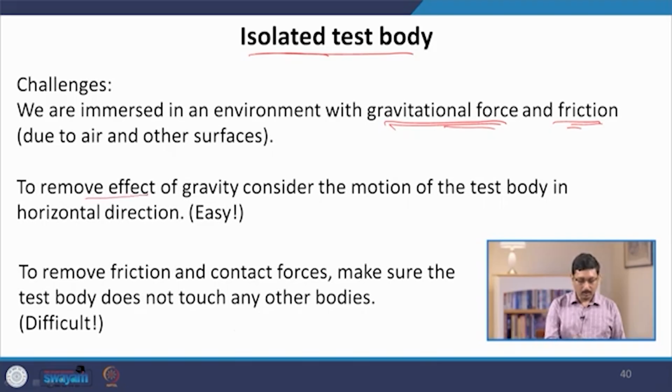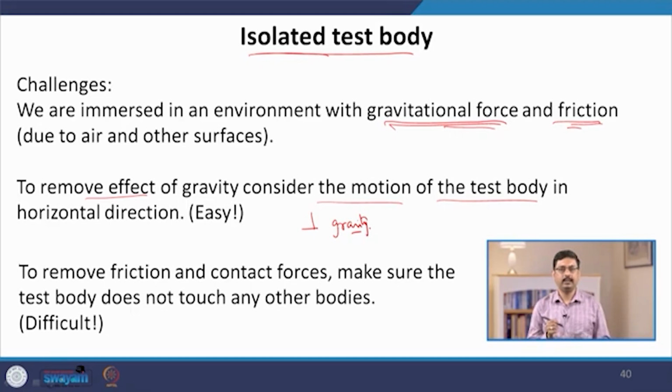All you need to do to remove the effect of gravity is to consider the motion of the test body in a direction which is perpendicular to the gravity. As you know, gravity sets the vertical direction, because it is towards the center of the earth, and this is the direction we usually call the vertical direction.